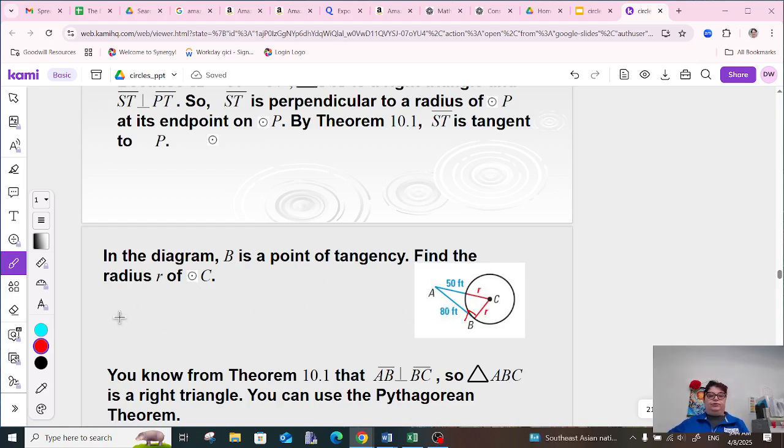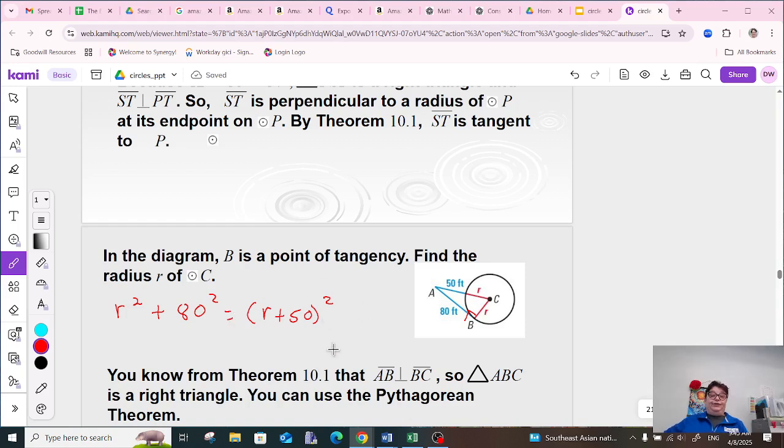So I'm going to do R squared plus 80 squared has to equal, what is this length here? No, 50 is just from here to here. Now you have to add R and 50 together.